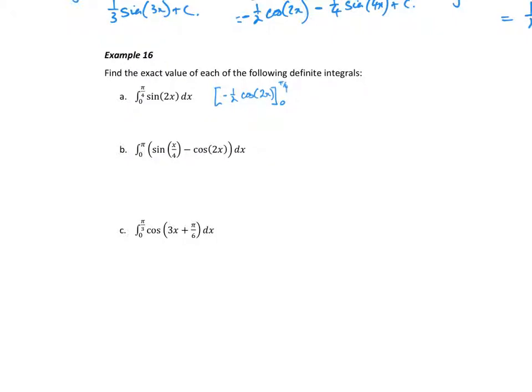I could take that negative half out the front, and I might just do that. That way I don't have to multiply everything by negative a half all the time.